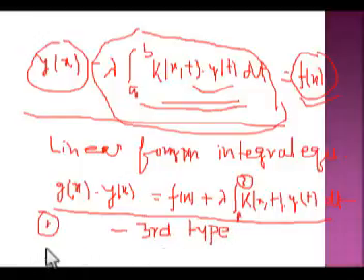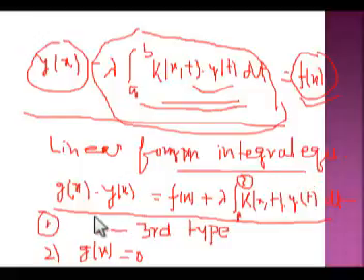It can be the second case, maybe that gx is equal to 0. If gx is equal to 0, then the equation just remains with this term equal to 0, and it will be the first type of integral equation.